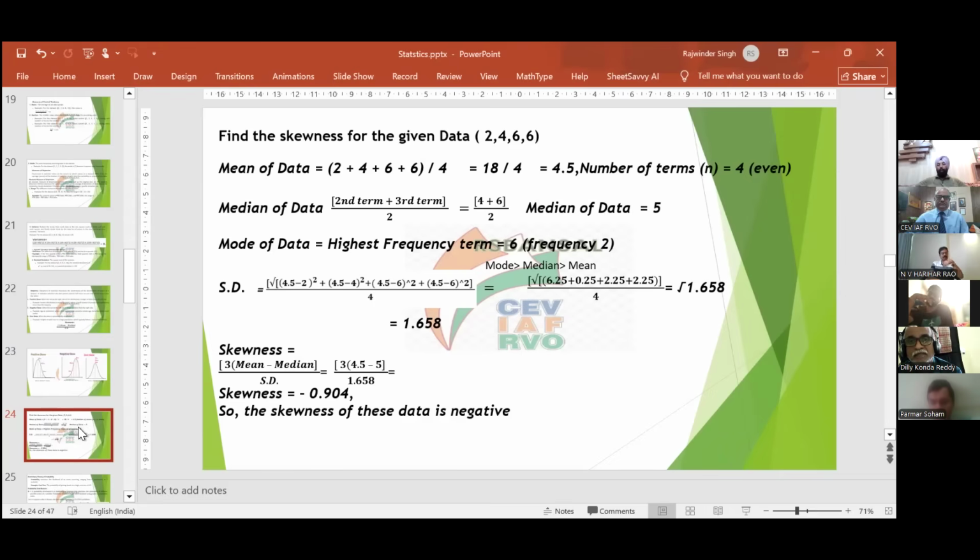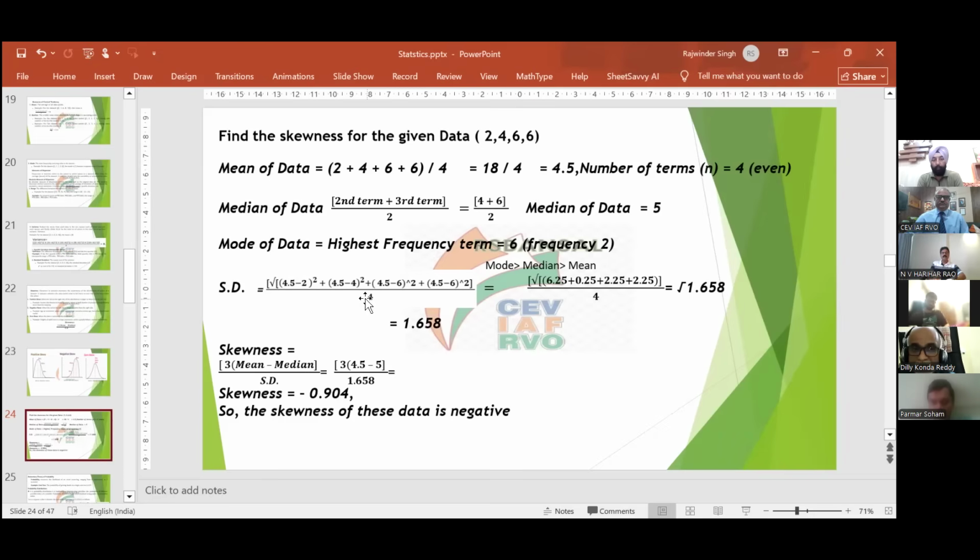And the mode of the data is the term with the highest frequency, which is 6, repeating 2 times. So mode is 6. Then you have to find the standard deviation. What you have to do is, from the mean, subtract each data term: 4.5 minus 2, 4.5 minus 4, 4.5 minus 6, 4.5 minus 6.